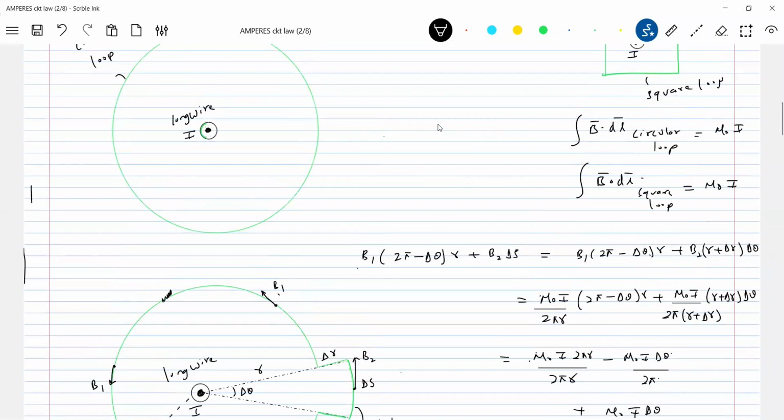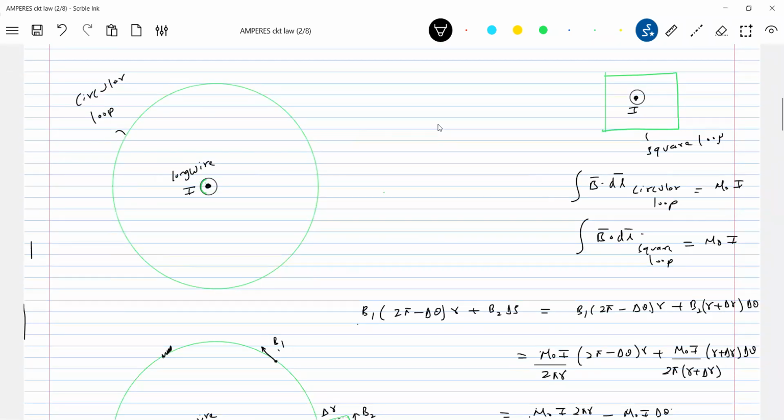Let's go back to this one. What is the value of b bar dot dl for this? I'll assume here length dl. The value is how much? Let it be b1. So then what we write? b1 dot dl equal to mu naught I. This will be b dl cos 0 at all points.